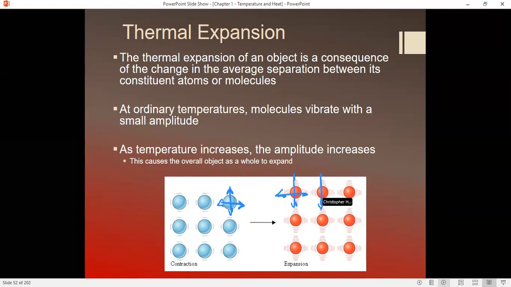So when the molecules are cold and the amount of vibrations aren't all that great, we would expect a minimum amount of distance between the molecules and therefore a minimum amount of volume. As we increase the temperature, the amplitude is getting greater and greater, and the volume should also increase. But again, it doesn't necessarily increase at the same rate that we see with the gases.